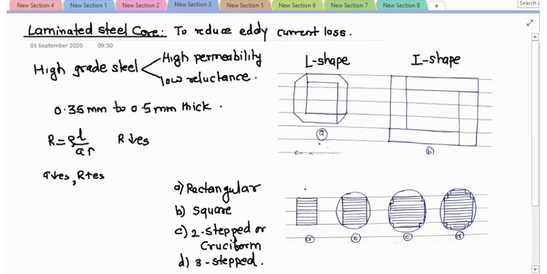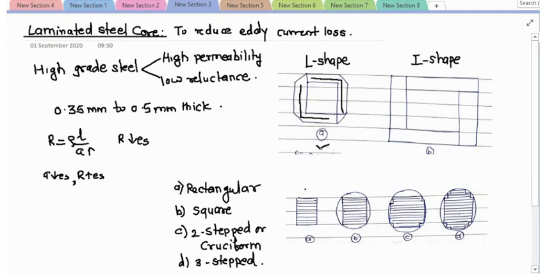So students, this figure A shows the arrangement of the joints in the two adjacent layers of the L-shaped lamination. So this is my one L-shaped lamination, and this one is the second L-shaped lamination. These laminations are staggered properly so that it will provide the continuous magnetic circuit with the minimum air gap.